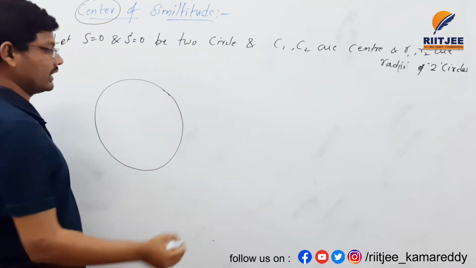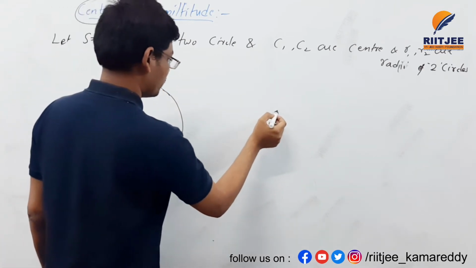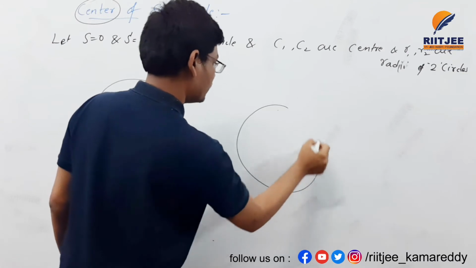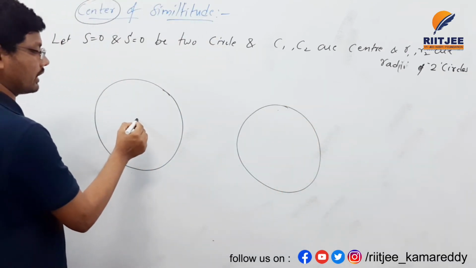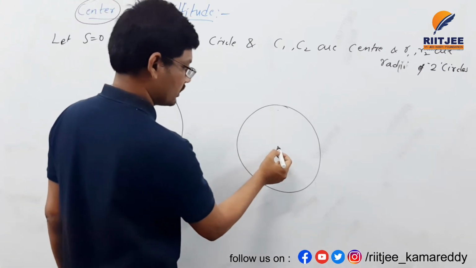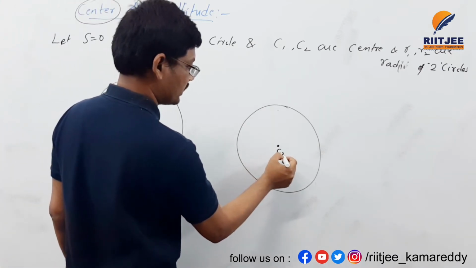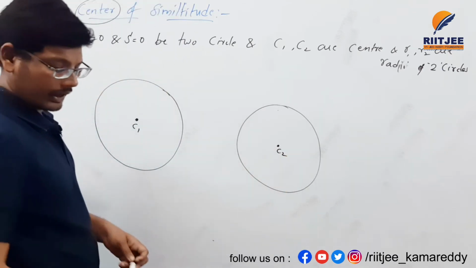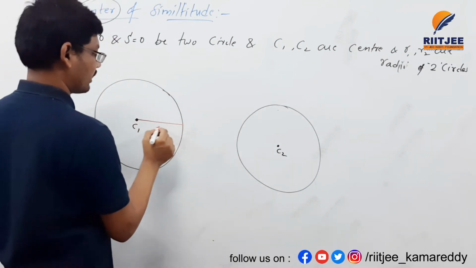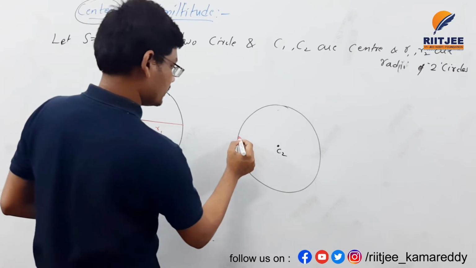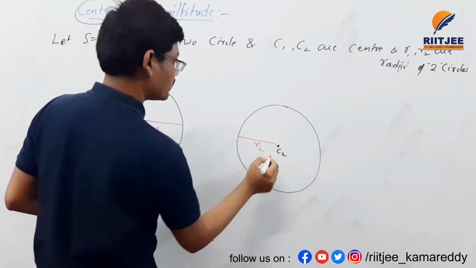I am drawing one more circle. This is having center C1, and this is having center C2, and the radius is R1, this radius is R2.